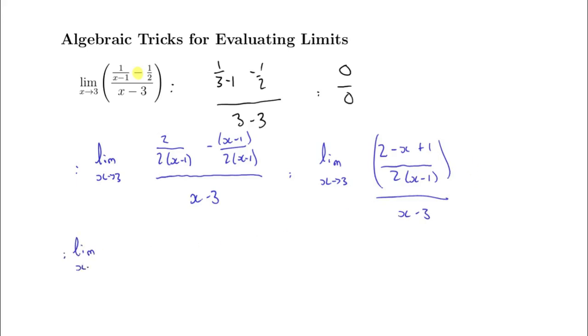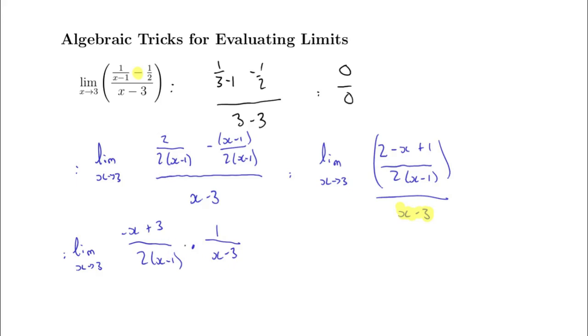Now we've got negative x plus 3 over 2 times x minus 1. And then instead of dividing by x minus 3, I'm just going to go ahead and multiply by 1 over x minus 3. It's the same thing, and now my fractions aren't so clunky.